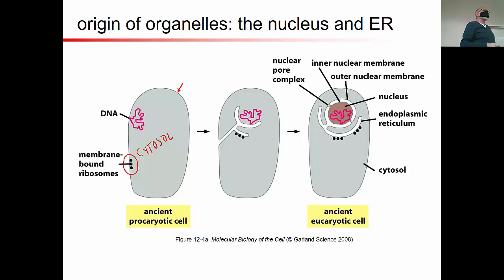And that's the theory as to how the nucleus arose. If we had that, what we would expect surrounding the DNA is two membranes. And indeed, that's what we end up with. So keep in mind this gray line around here is a lipid bilayer.